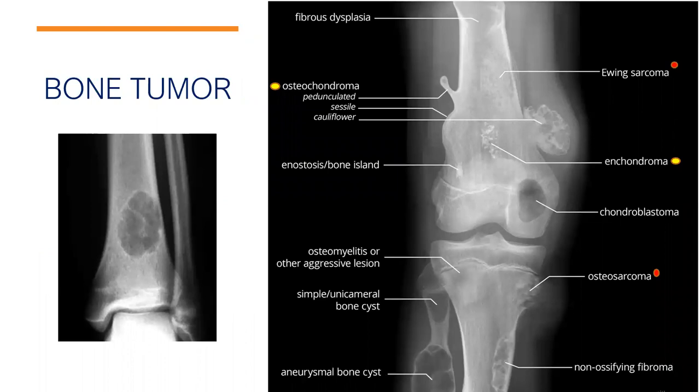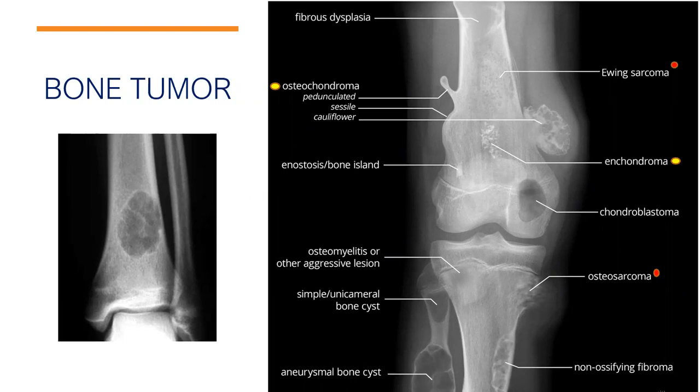Bone tumors. We have several different types of bone tumors. The benign bone tumors are in yellow. This is an osteochondroma, an endochondroma, an osteoma. And malignant bone tumors have the red dot, osteosarcoma and Ewing sarcoma.